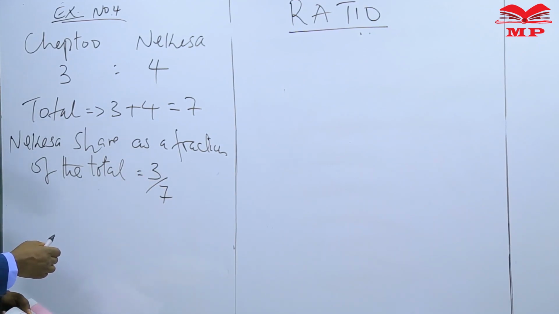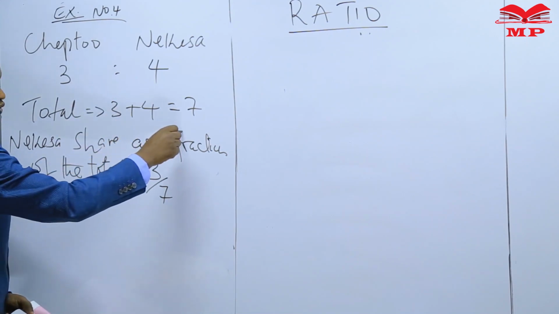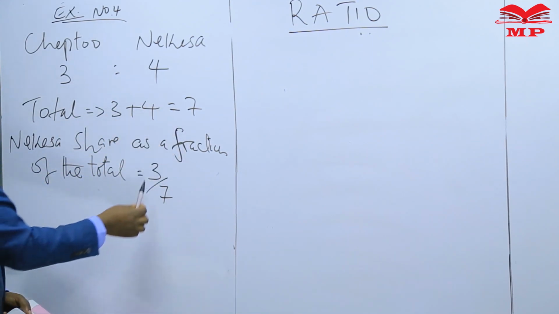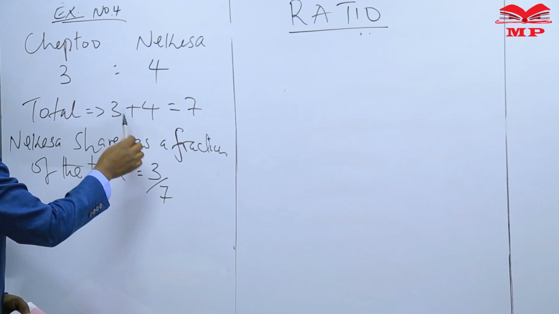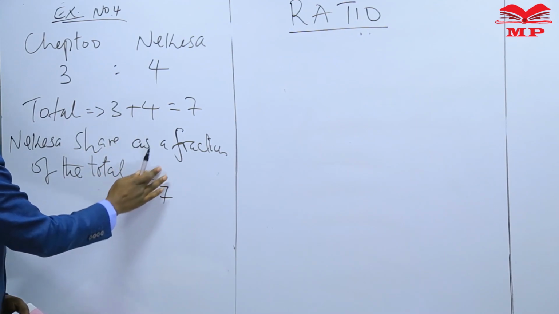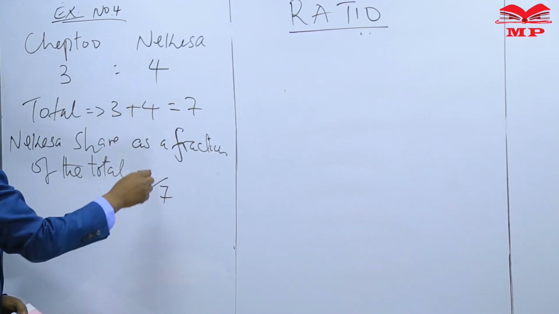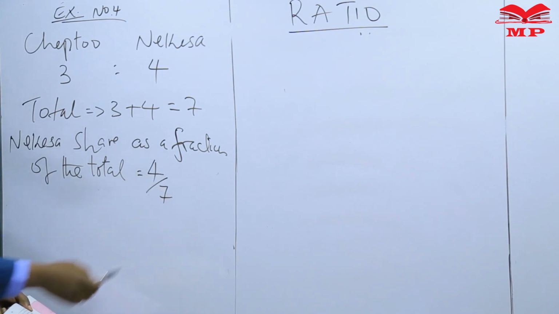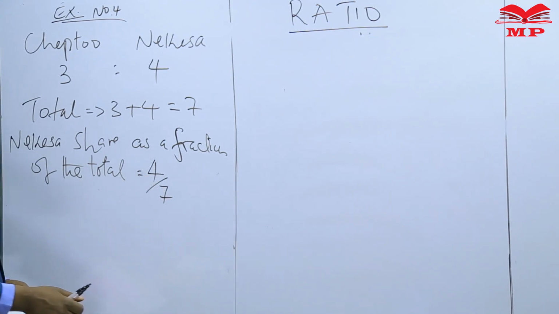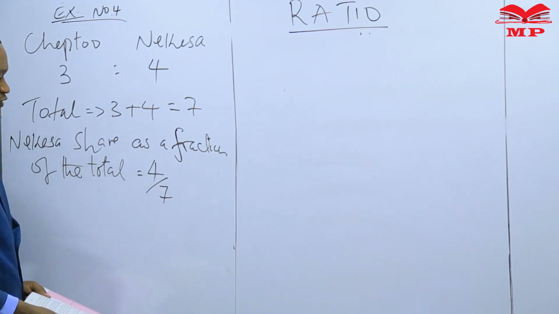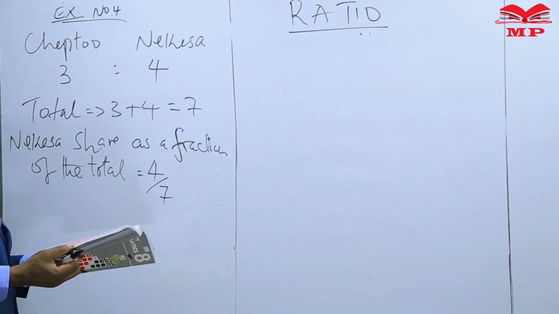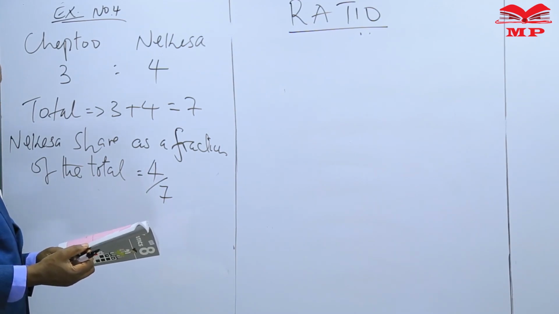This is Nekesa's share as a fraction. No, 3 should be 4. Nekesa's share is 4 over 7. Nekesa's share as a fraction of the total is 4 over 7. That is part A.